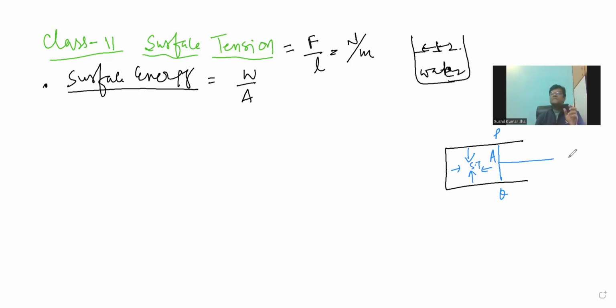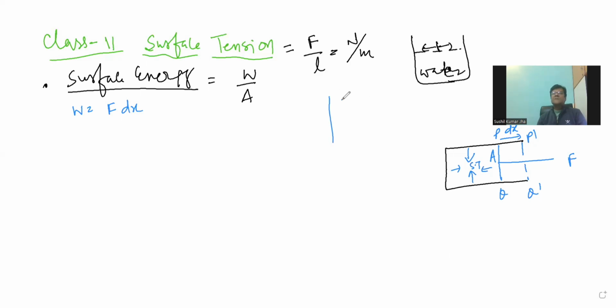Now if you apply some force, then we shift it, move it by distance dx. So let's say this is P dash and Q dash. So how much work is done? The work done basically is force multiplied by displacement. Now this force we will calculate in terms of surface tension.